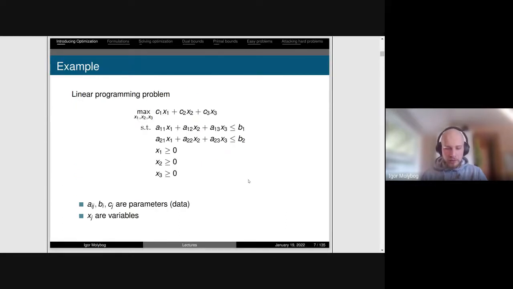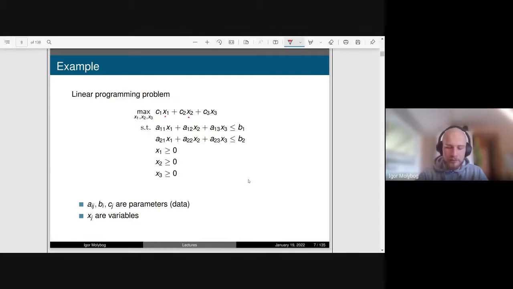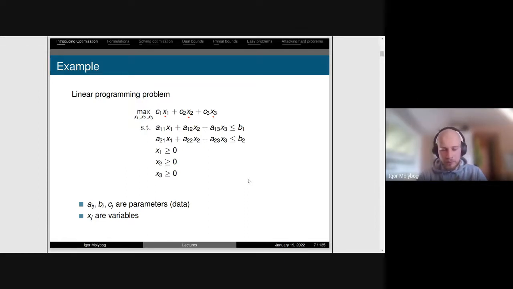One example of a linear programming problem is the following. Here we have the three components of the variable vector x: x1, x2, and x3. The scalar multiplication of two vectors c and x is just c1 x1 plus c2 x2 plus c3 x3, where the cj's are the parameters or the data that are given to us with the problem.